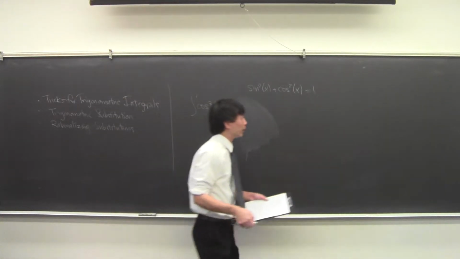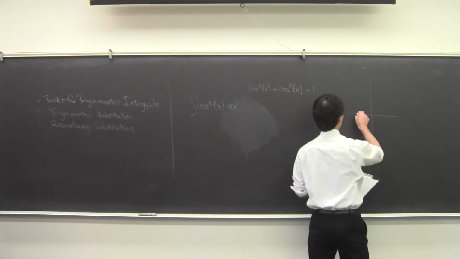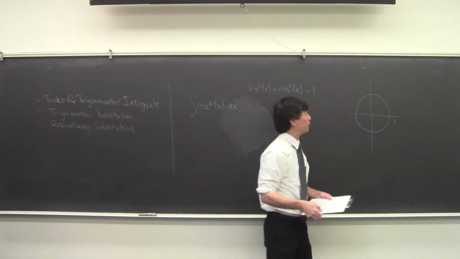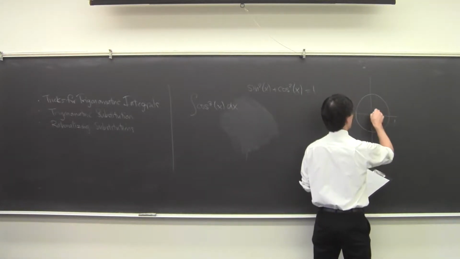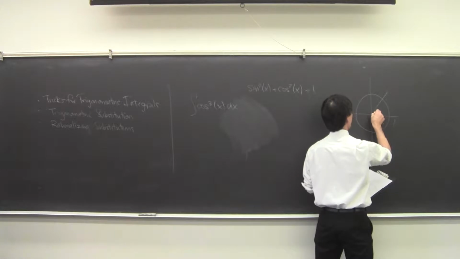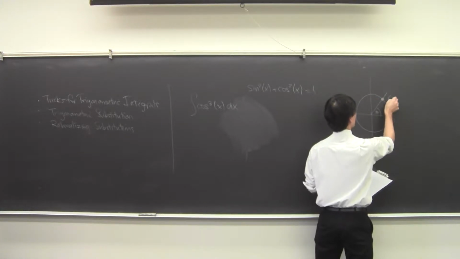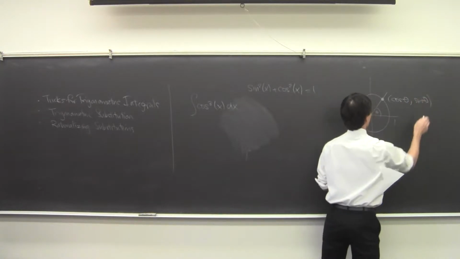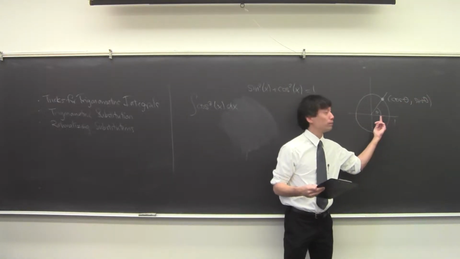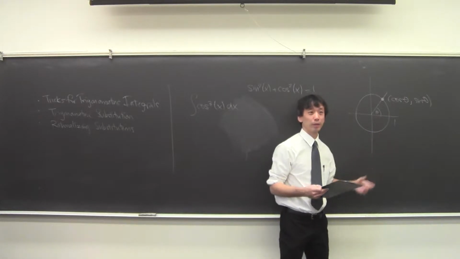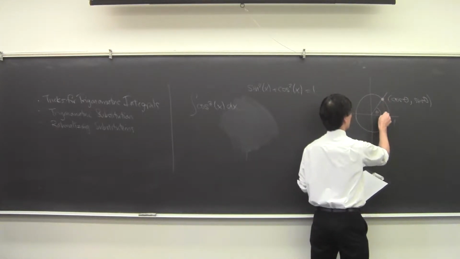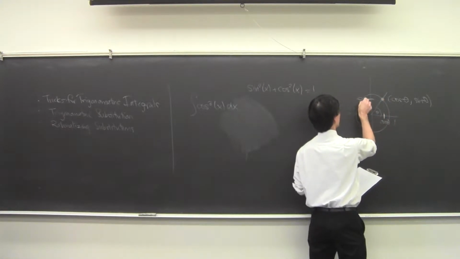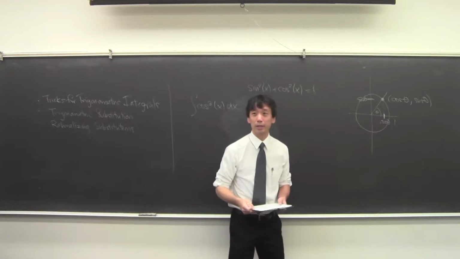So you remember, back when you learned about sine and cosine, if you had some angle, then the cosine and the sine were the x and y coordinates of this particular point on the unit circle. This thing here was cosine theta, this thing here was sine theta.